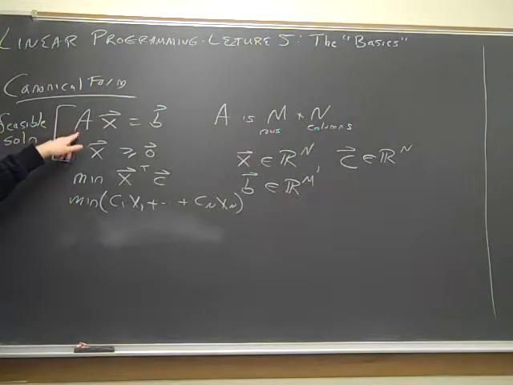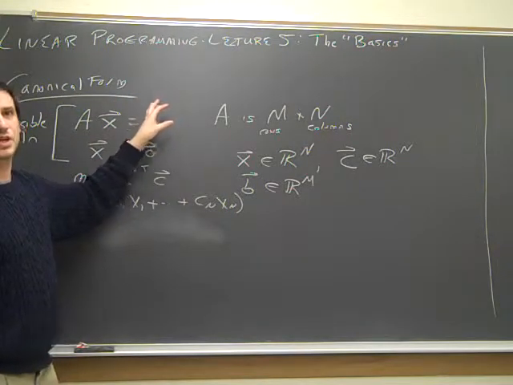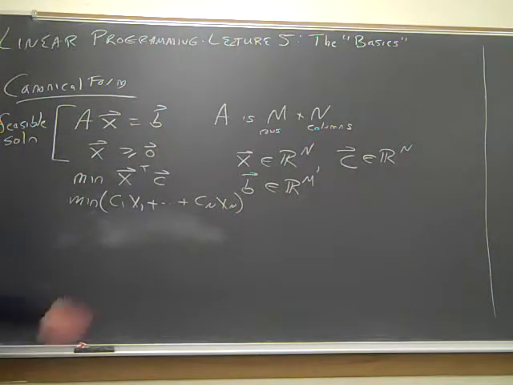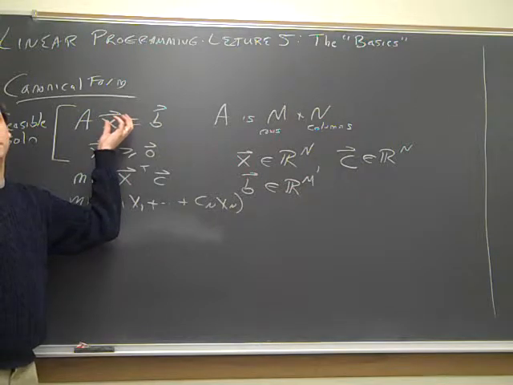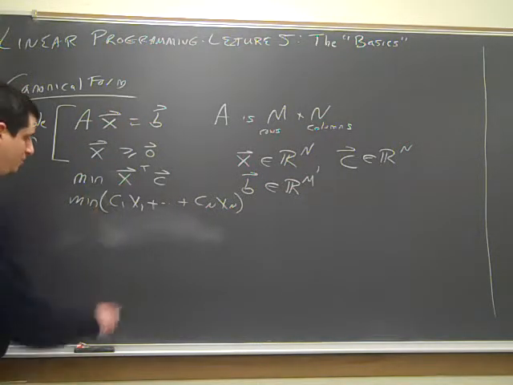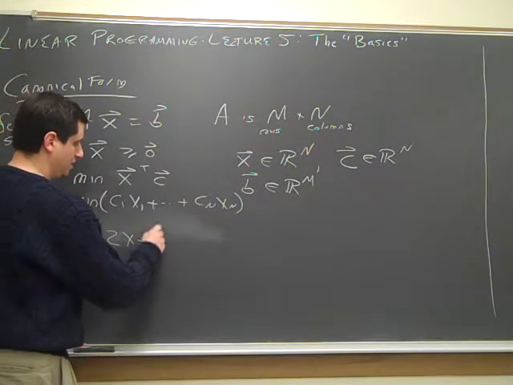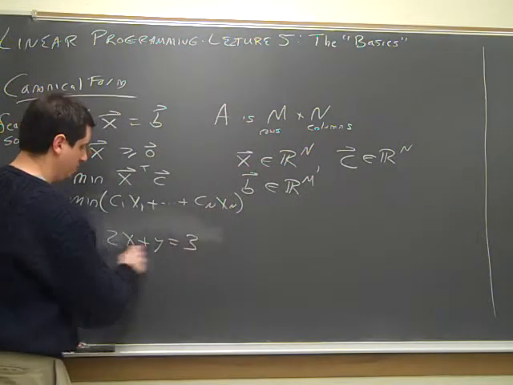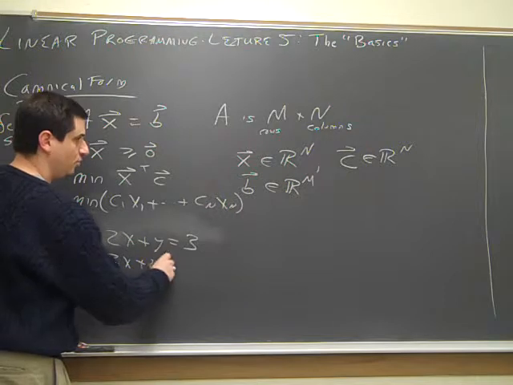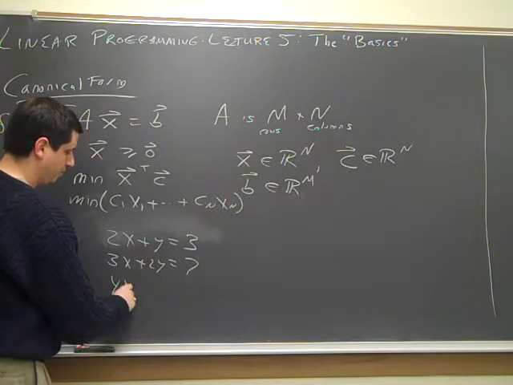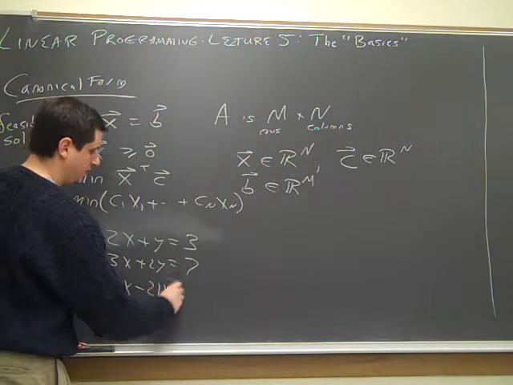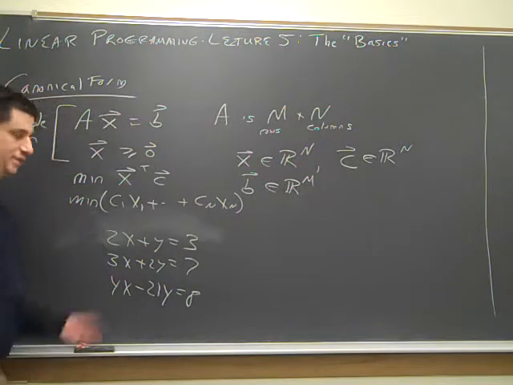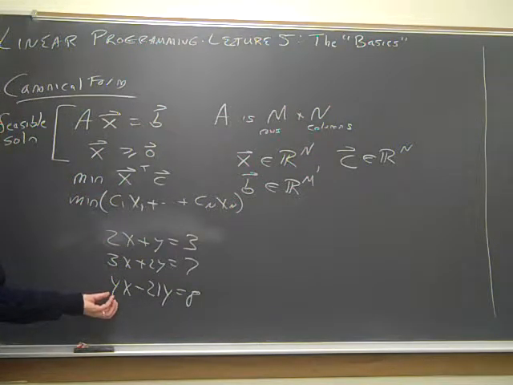If m equals n, then basically there's essentially one solution, for the most part, right? So the problem is, if it's an overdetermined system, then there's basically no chance of it working. If I give you 2x plus y equals 3, 3x plus 2y equals 7, 4x minus 21y equals 8, I've given you more equations than unknowns.